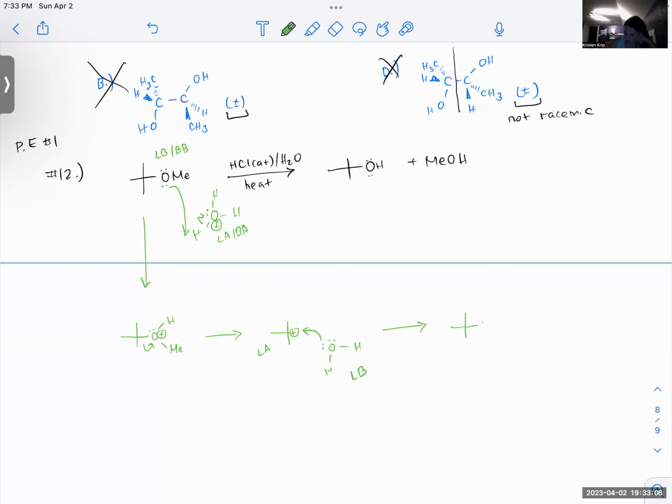So now we have this here, which we need to deprotonate before it leaves again. These electrons are going to move back on there. So this is our Lewis acid, Bronsted acid. This is our Lewis base, Bronsted base. And that is it, because that's how we end up here.